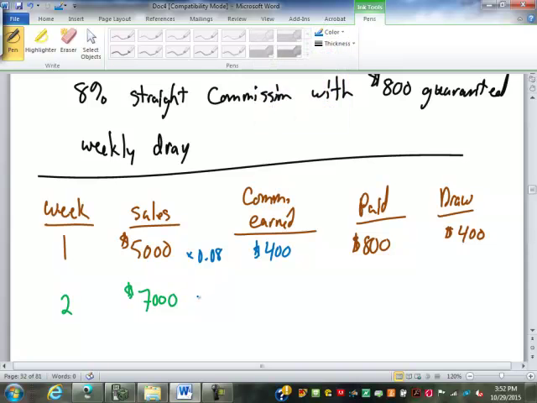Your commission, 8% of that is $560. What are you going to get paid? $800. But you only earned $560. So 800 minus 560 is $240. 400 plus 240 is now $640 that you have taken on draw.